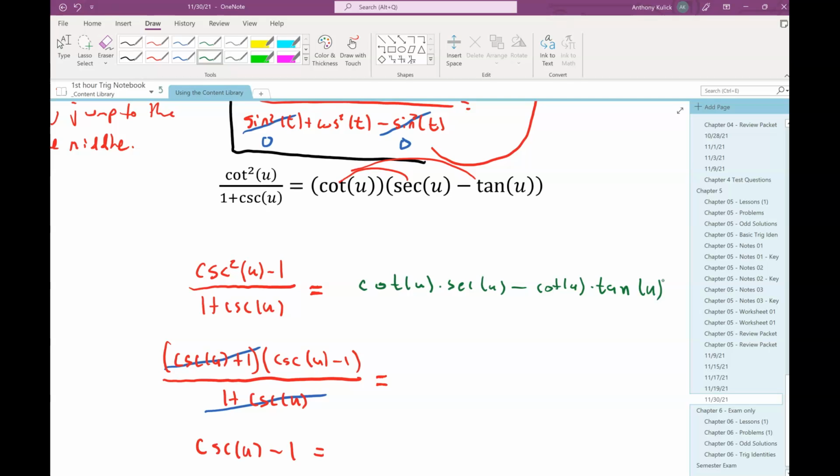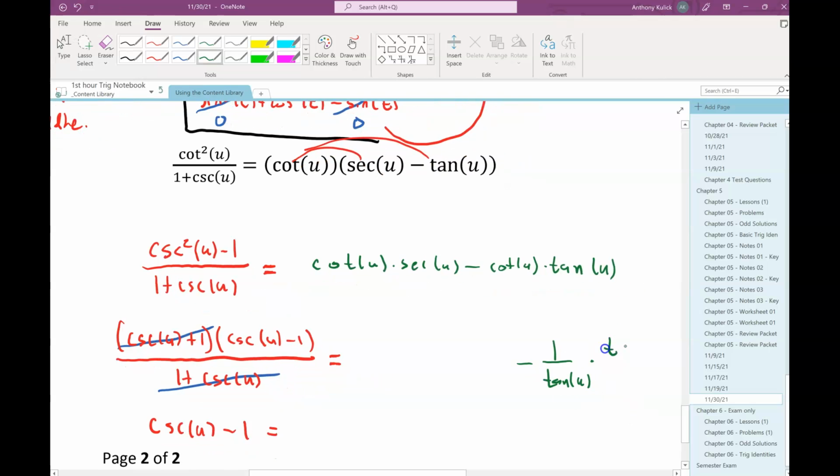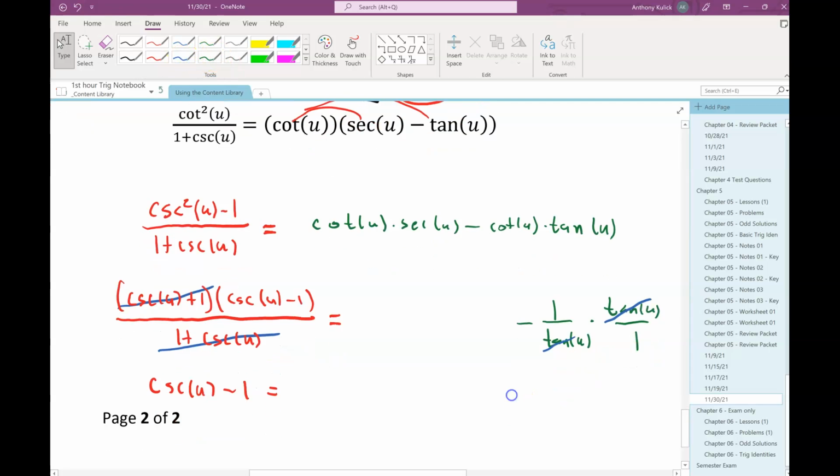Now I see that one of those two things is cotangent times tangent. I recognize those two things are reciprocals. So I can, for example, rewrite cotangent as 1 over tangent, which is going to give me the 1 minus part that I need.